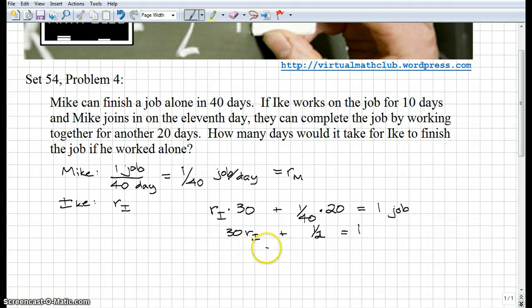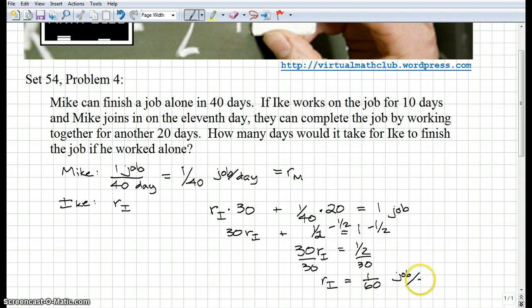Now I can solve for RI. If I subtract the half from both sides, then 30 days times Ike's rate is equal to 1/2. And if I divide both sides by 30, then I get that Ike's rate is actually 1/60th of a job per day.